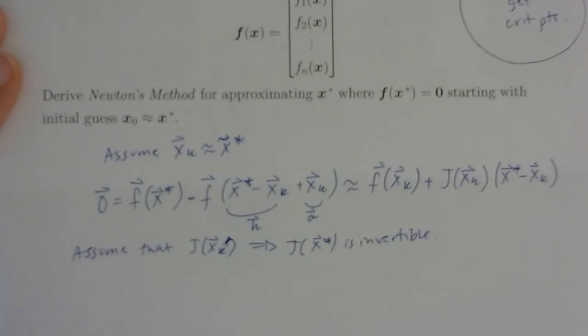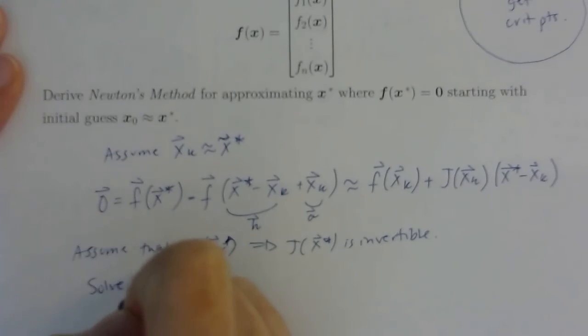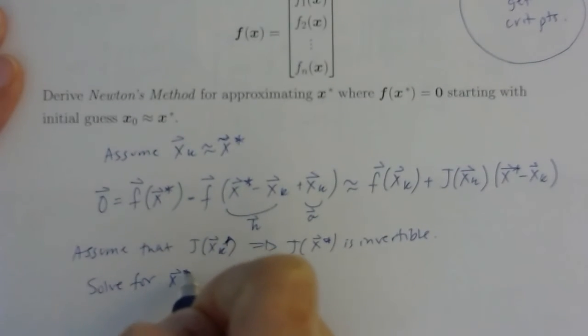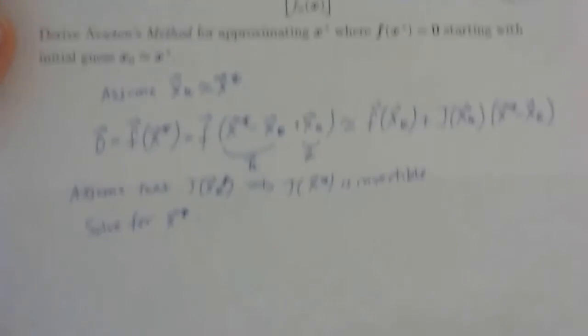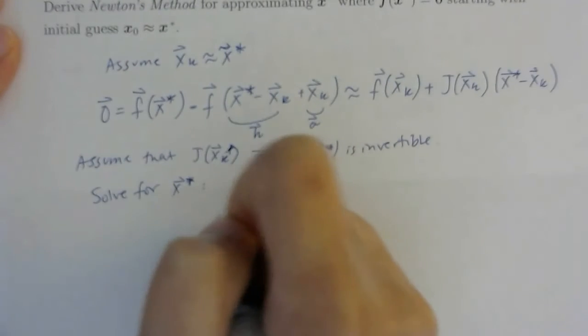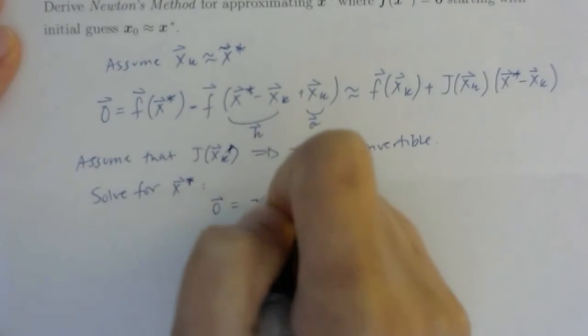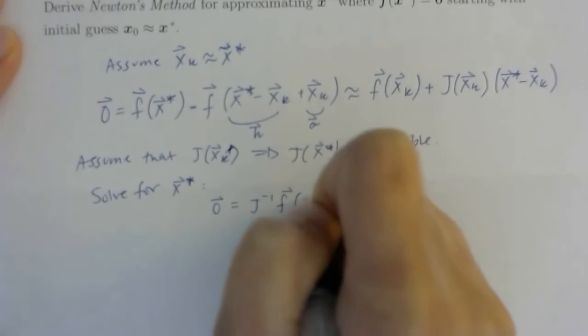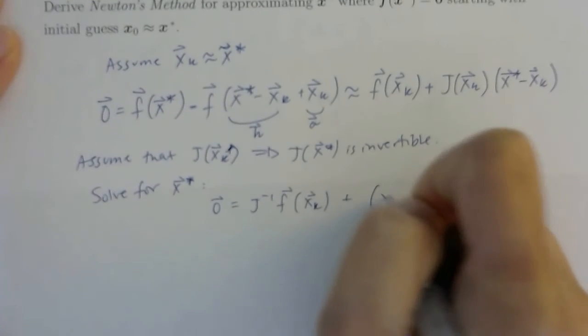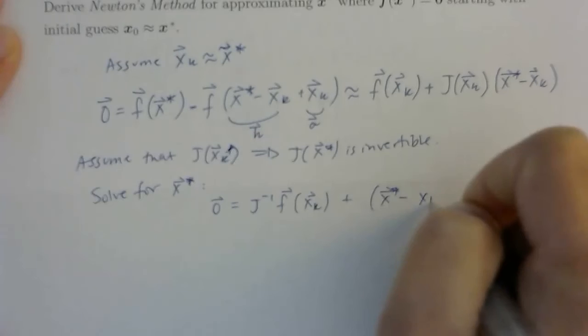If that's the case, then I can solve this for x star. Right, I can multiply by the inverse of J. So 0 is J inverse f at xk plus x star minus xk.